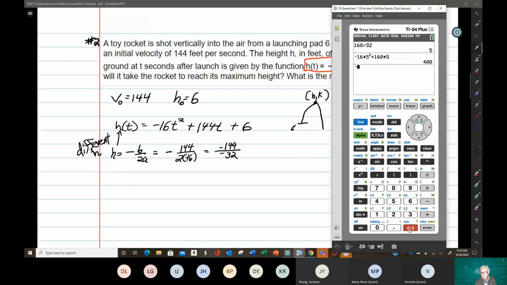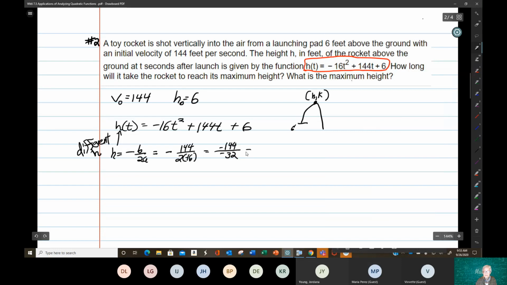Well, we could just leave the negatives. Doesn't hurt anything. 144 divided by negative 32, and that's 4.5. It's going to take 4.5 seconds to reach its maximum height.